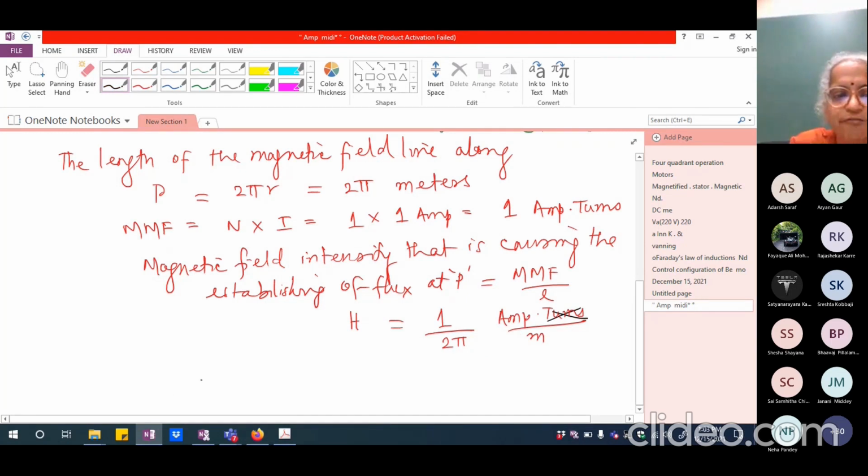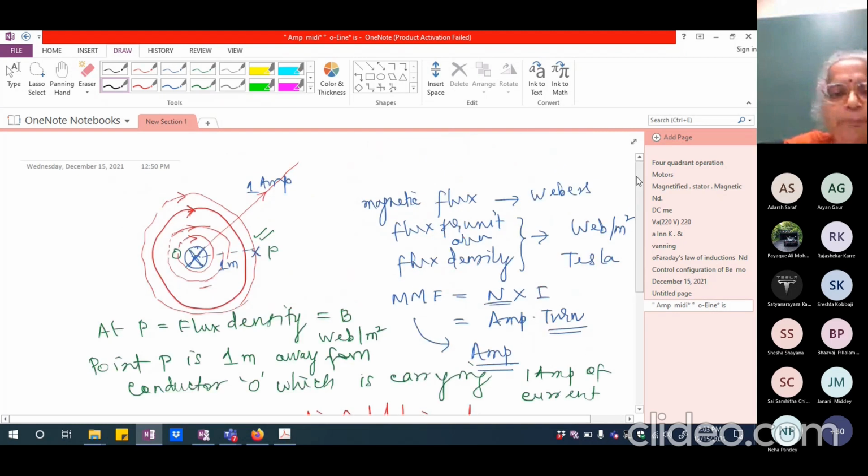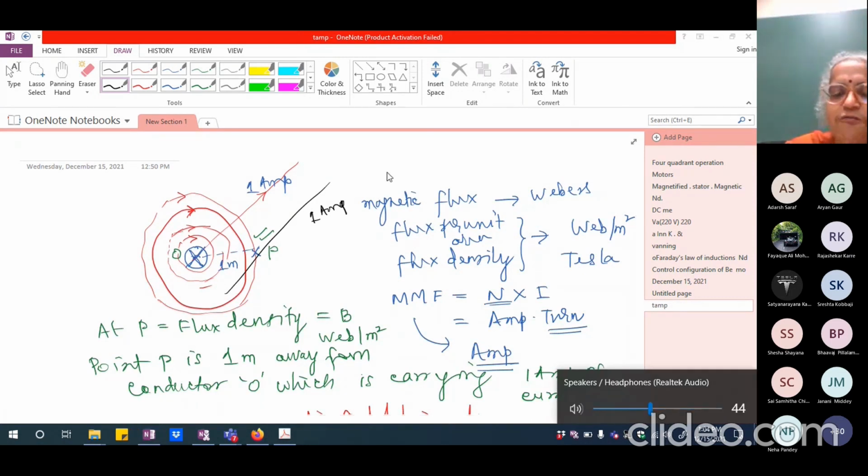Now, this is causing a flux density of B at point P. So this is the flux density. If there is a flux density of B at this point, and if I put one more current carrying conductor somewhere at this point, which is going to carry a current of 1 ampere, it will definitely experience a force, right? Because any current carrying conductor that is placed in a magnetic field will experience a force.